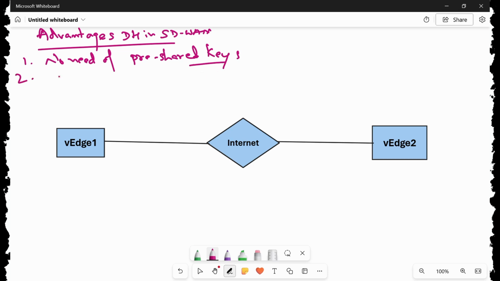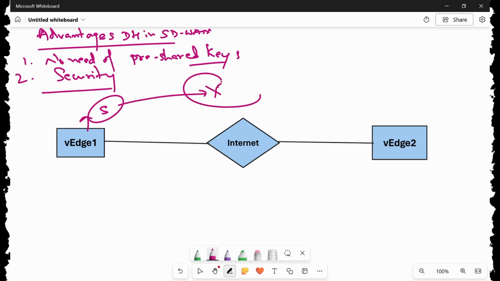The second advantage is security. The shared secret key which will be generated using public and private key will never be transmitted over the insecure network. As these keys will never be transmitted, they will be resistant to any kind of interception or intrusion.